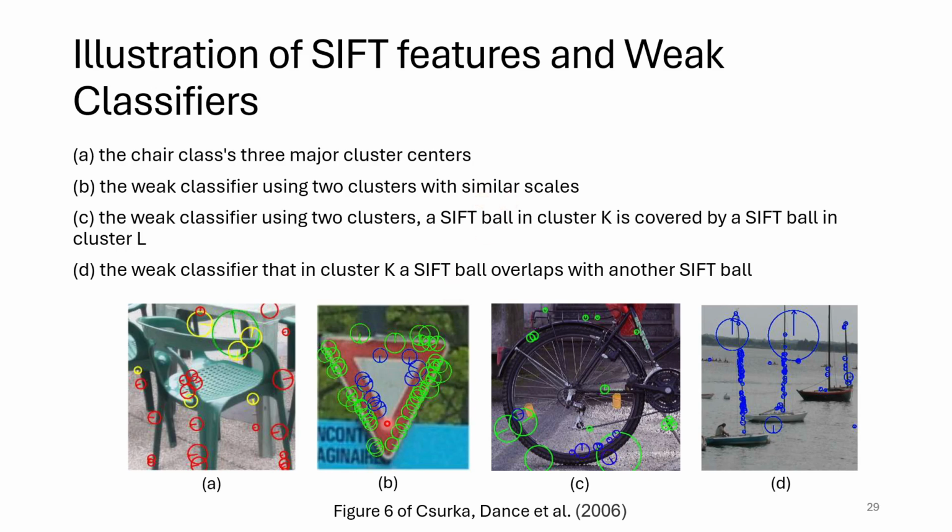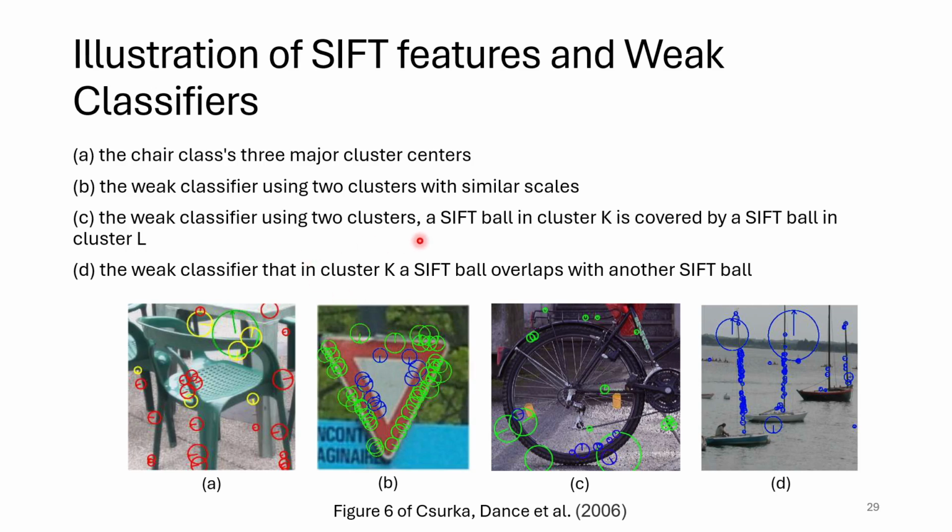It means the blue circles belong to one cluster, and the green circles belong to another cluster, and their scales are highly similar. It is an effective weak classifier to recognize the road sign class.